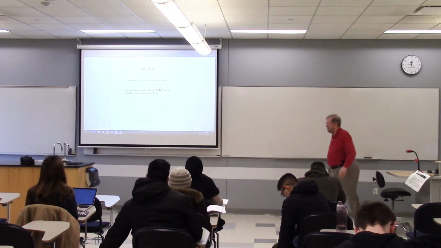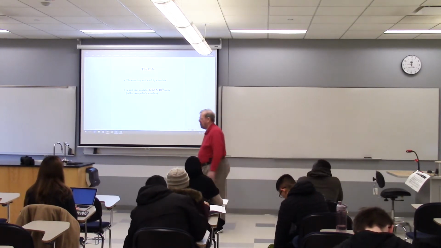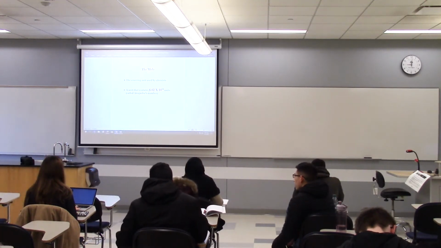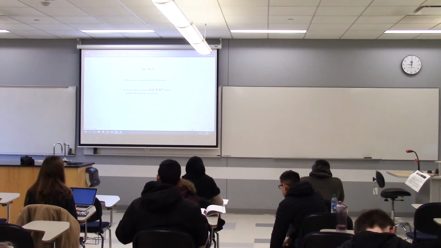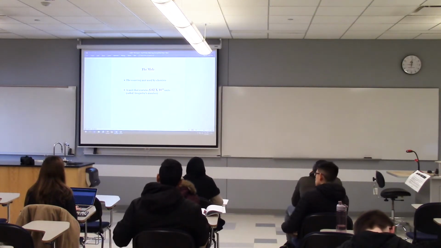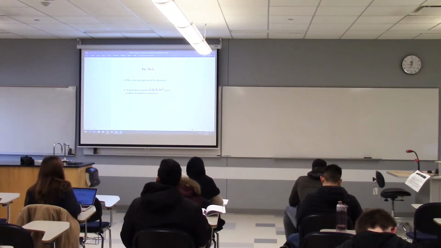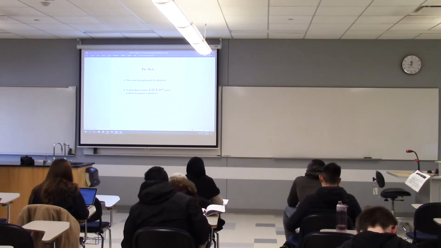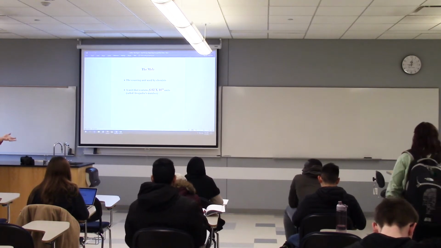On Friday, I was talking about the mole concept, and the mole is probably one of the most important general concepts in all of chemistry. The mole is the chemist's counting unit, just like a dozen is how many eggs you buy.